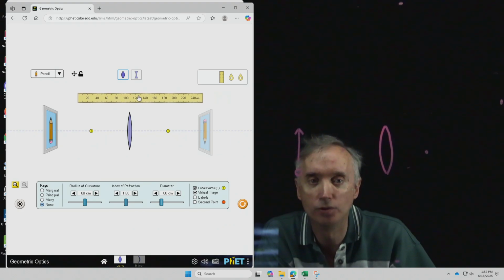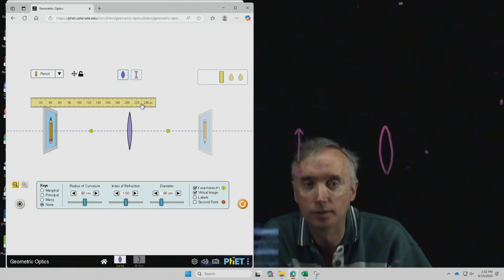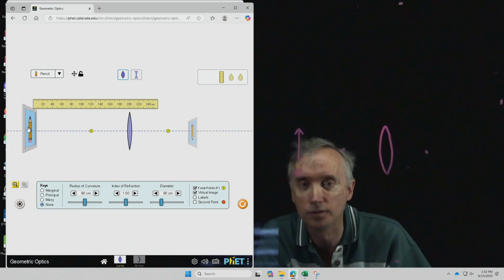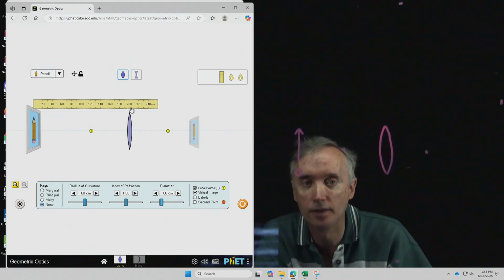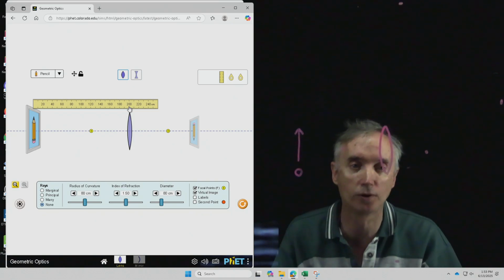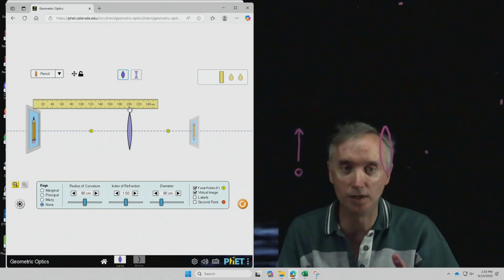Okay, now we're going to move this thing so that this is going to be 200 centimeters from this. I believe that would be right about there. So you can do a better job than I can. And then we're going to move this back to here, so that the pencil is at the 0 mark, and this is at the 200 centimeter. I hope I didn't say the word meter.